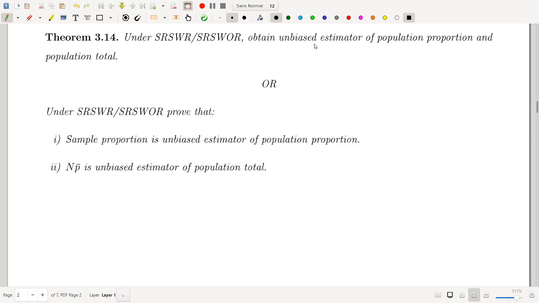It means we want to find the unbiased estimator for population proportion, which is capital P, and population total, which is actually your capital A. So we want to find unbiased estimators for P and A. Or this theorem may be asked like this also: under SRSWR, prove that sample proportion is an unbiased estimator of population proportion. It means here we want to prove expected value of small p is equal to capital P.